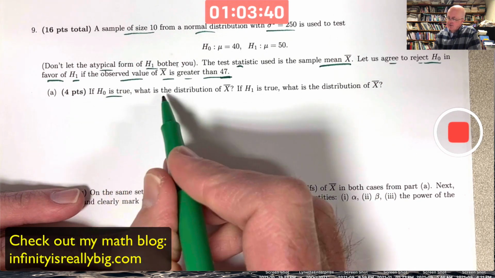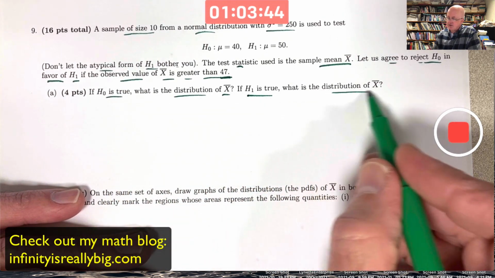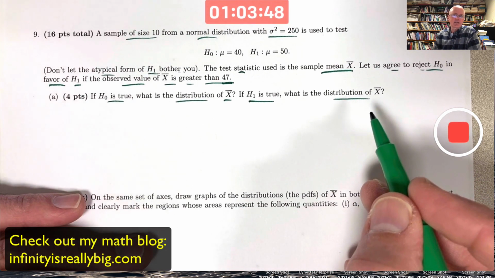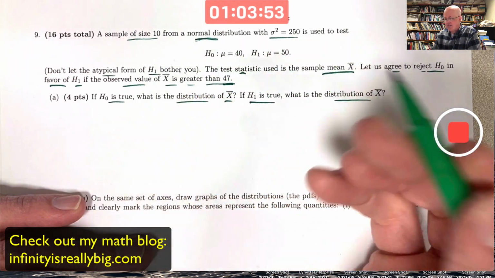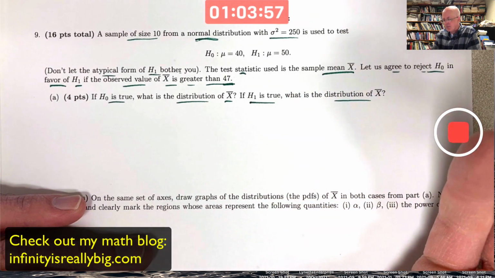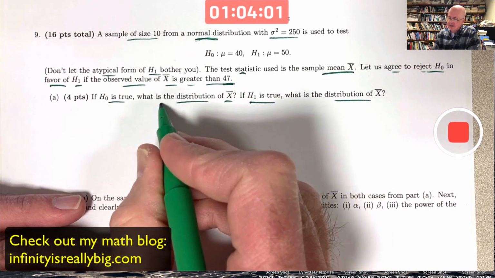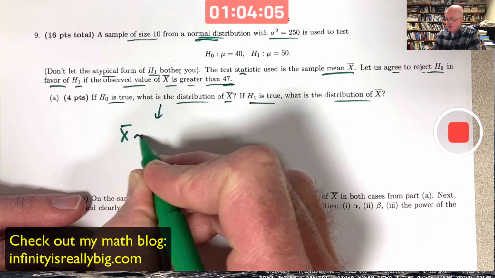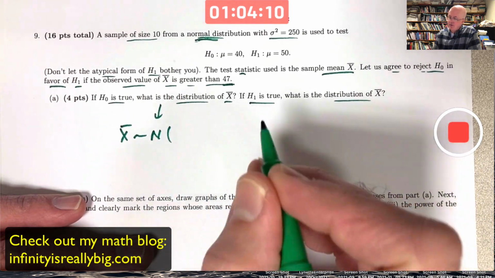Part A: if the null is true, what's the distribution of x bar? And also if H1, the alternative, is true, what's the distribution of x bar? You could think of this in terms of the central limit theorem, if you like. You actually don't have to, because you are assuming you're sampling from a normal distribution. But even if you weren't, the central limit theorem would still apply to say x bar at least is approximately normal. Here we can say, because we're sampling from a normal distribution, that x bar is in fact truly normal, with mean equal to the population mean.